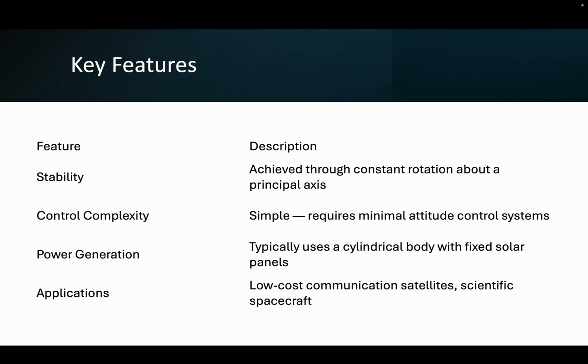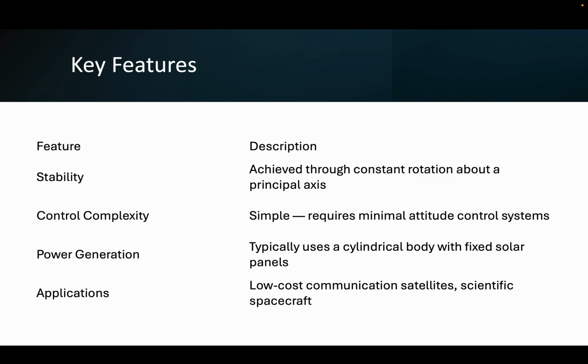So we take an axis, and around that axis the satellite is rotated. We use this method when the attitude, which means the direction of the antenna, requires small adjustments.